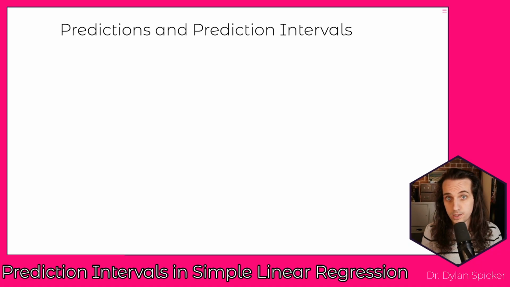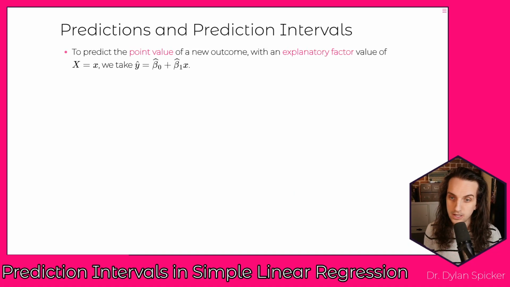Then we can think about predictions and prediction intervals. Just like with estimates, where we have a point estimate and then an interval estimate, we can have a point prediction and an interval prediction. The point value of our prediction is the single value that we can estimate from our estimated regression line.